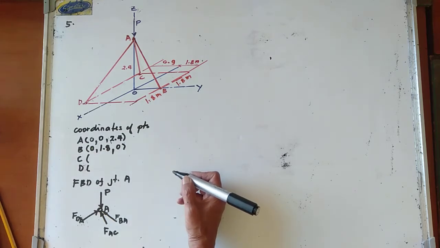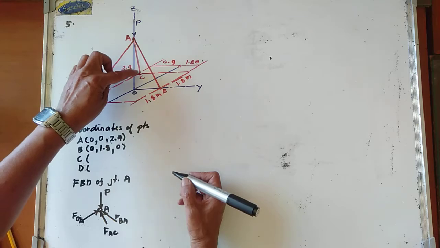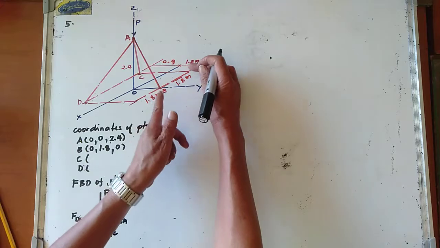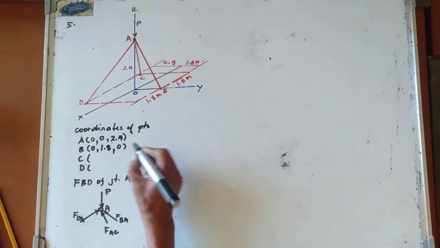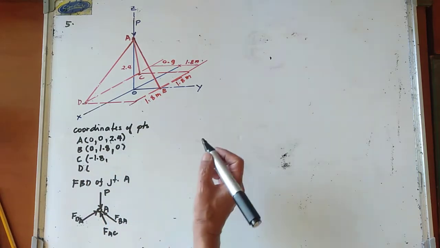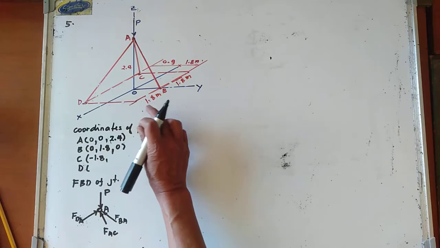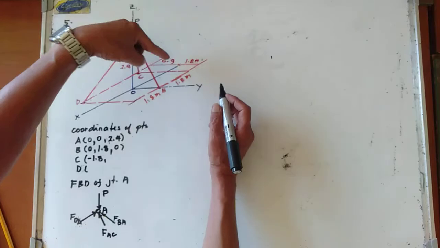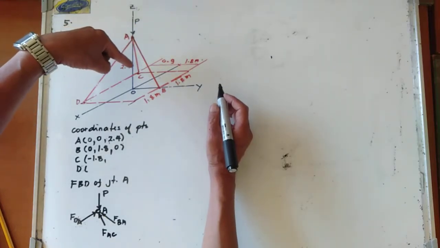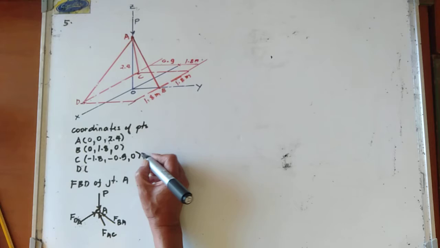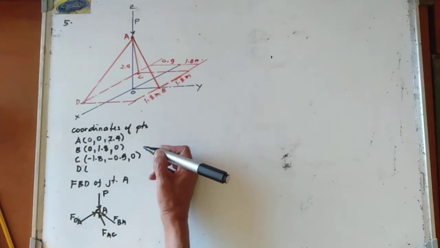For point C, the x coordinate is behind the origin, so we have negative 1.8. The y coordinate of point C is negative 0.9, and the z is equal to 0.